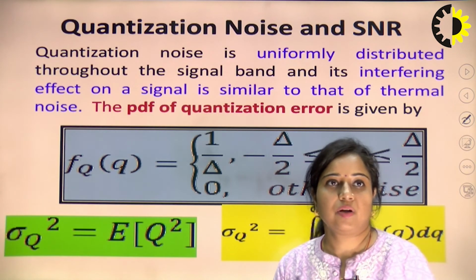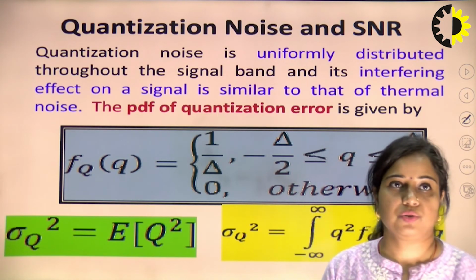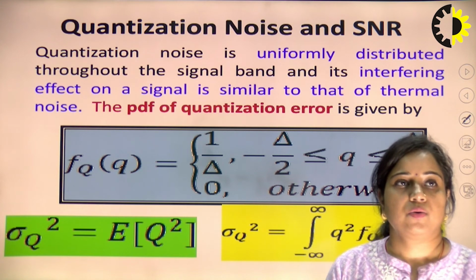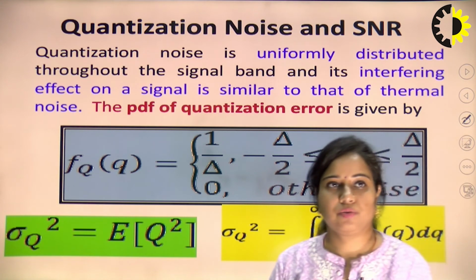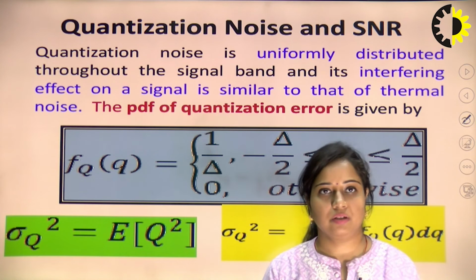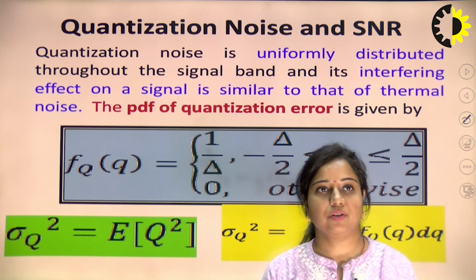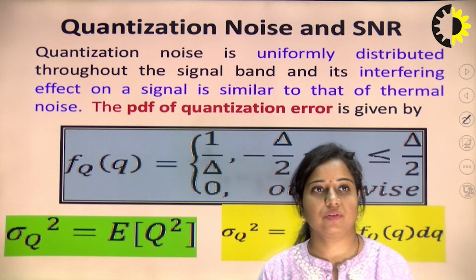Now, next is quantization noise and signal to noise ratio. Quantization noise is uniformly distributed throughout the signal band, and its interfering effect on a signal is similar to that of thermal noise.